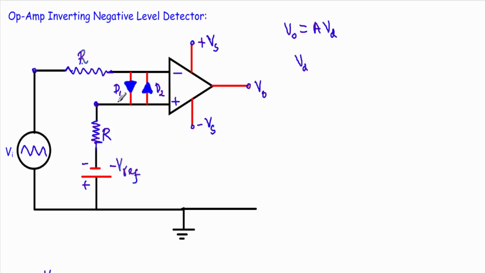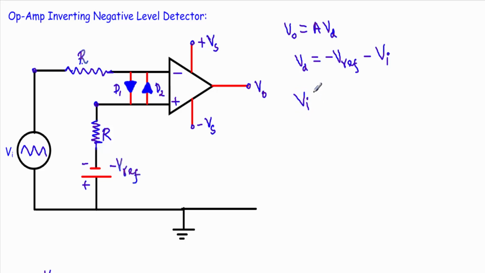VD is the voltage difference between this and this terminal. This terminal has a voltage of minus VREF, and this terminal has a voltage of, here we are applying a triangular waveform, minus VI.